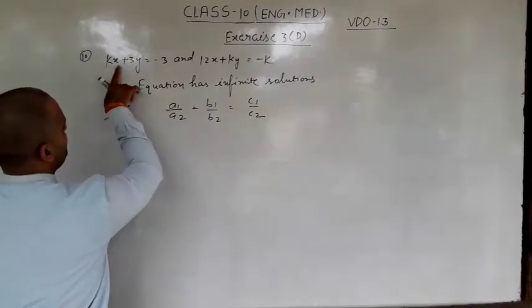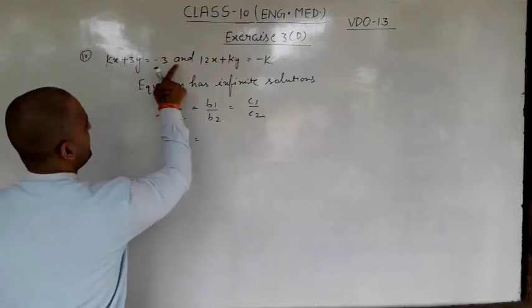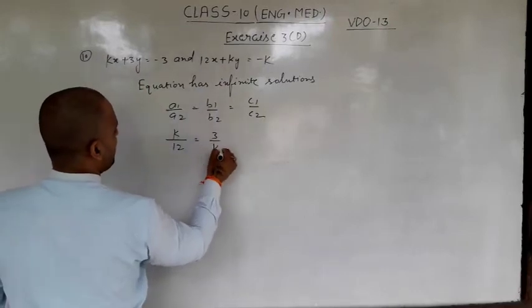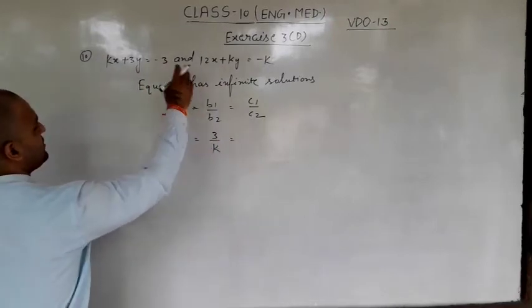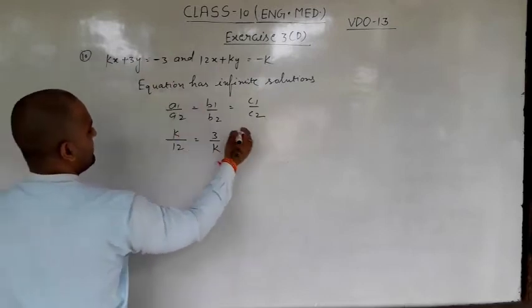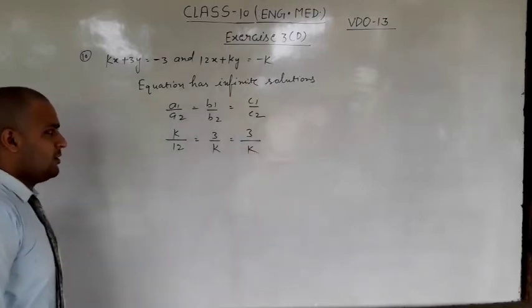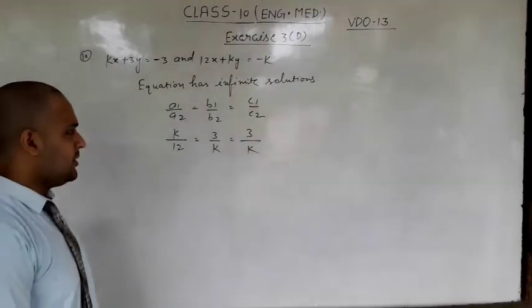Now a1 upon a2 is k by 12, is equal to b1 by b2, 3 by k, is equal to c1 by c2. Forward here it is a negative sign, forward here that will be positive 3, that will be positive k. Okay, any problem?